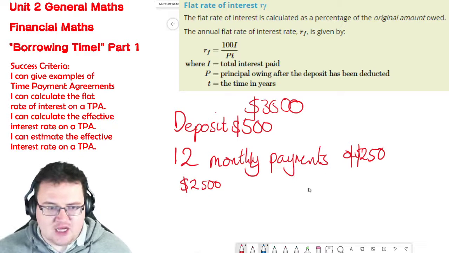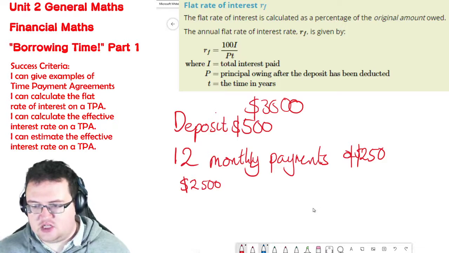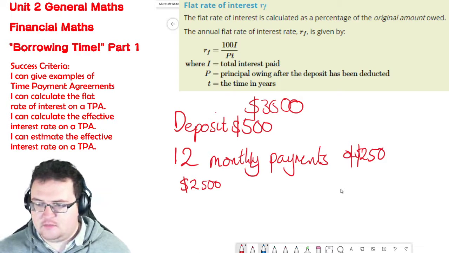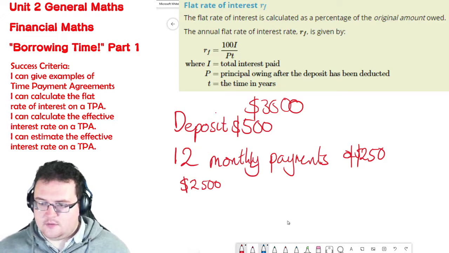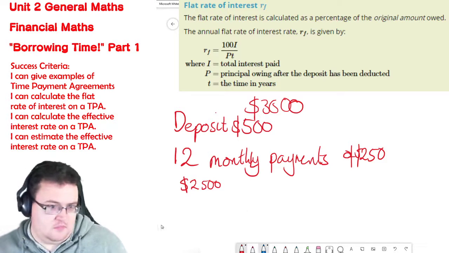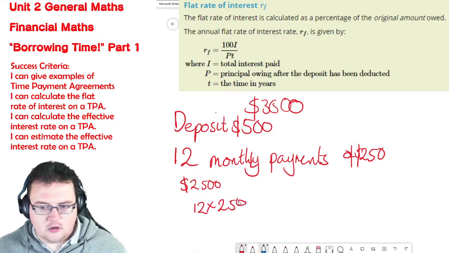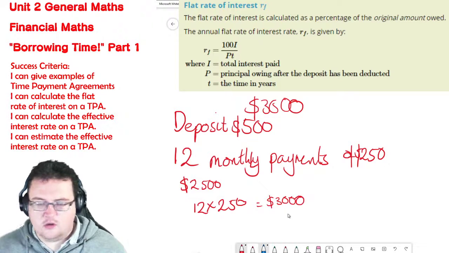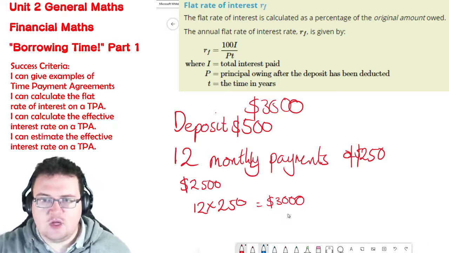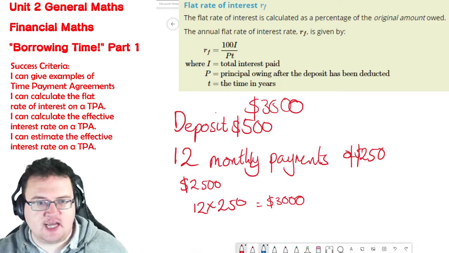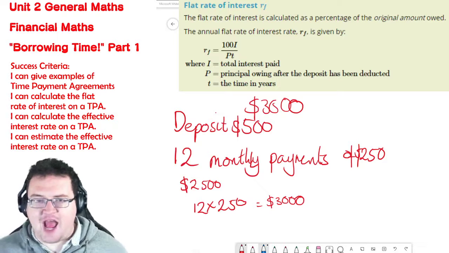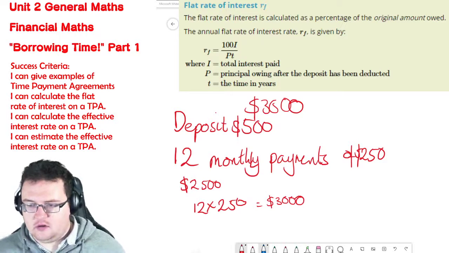Now, if I pay 12 monthly payments of $250, how much money am I actually giving him in the end? Yep. So 12 times 250 equals $3,000. So now, how much interest am I actually paying on this whole thing?